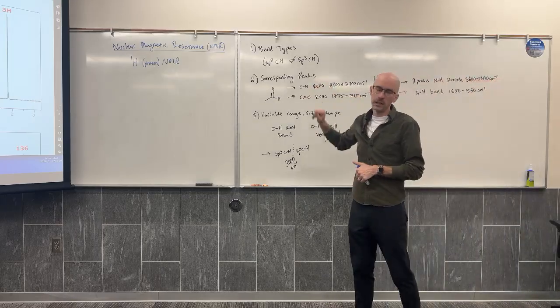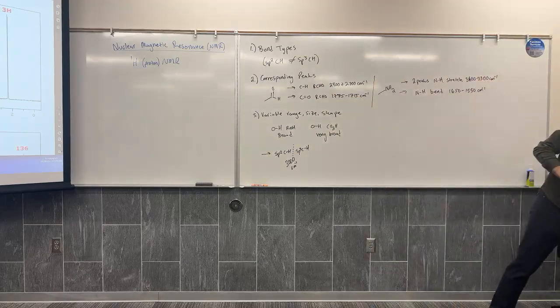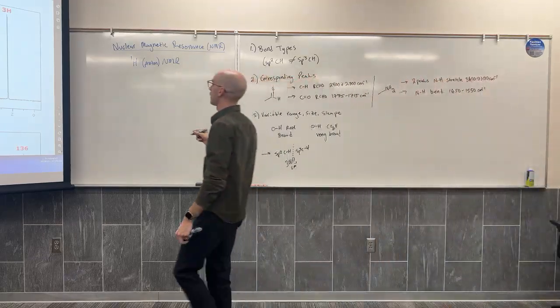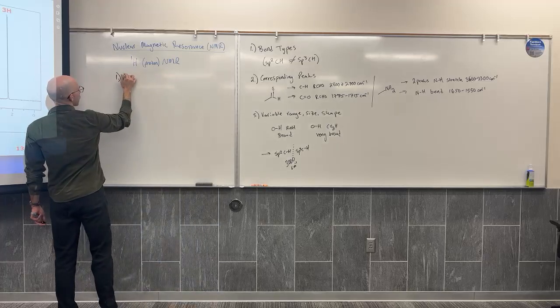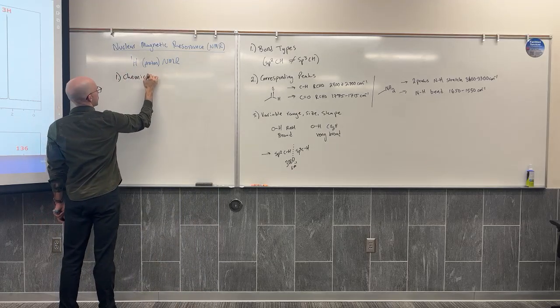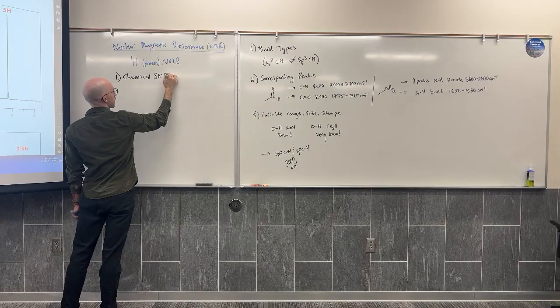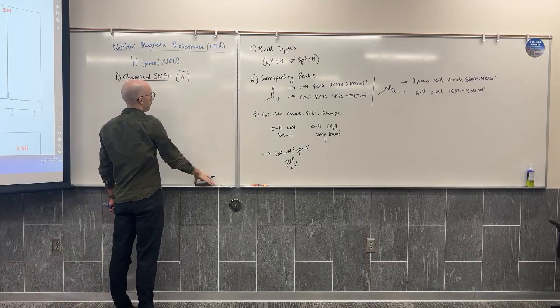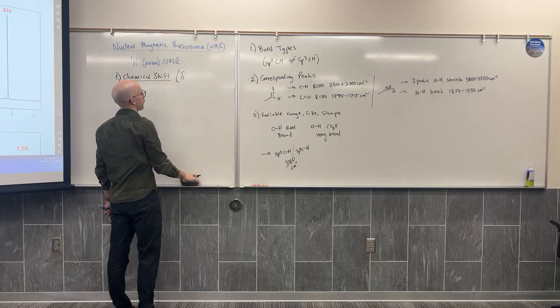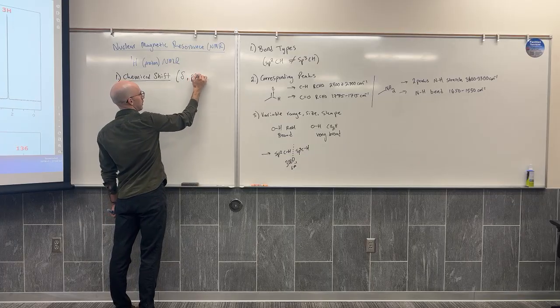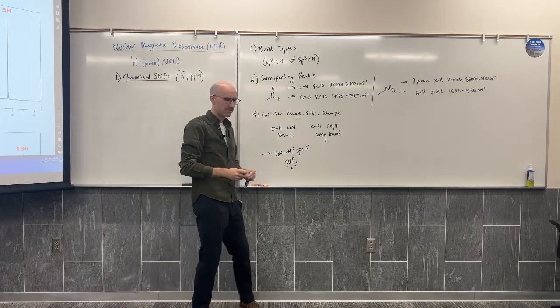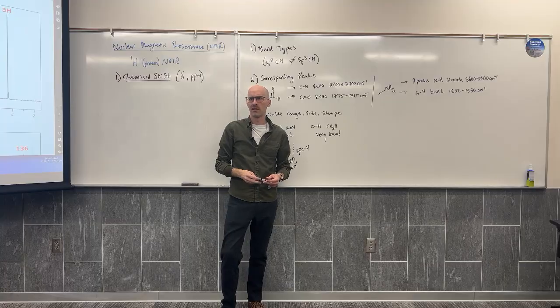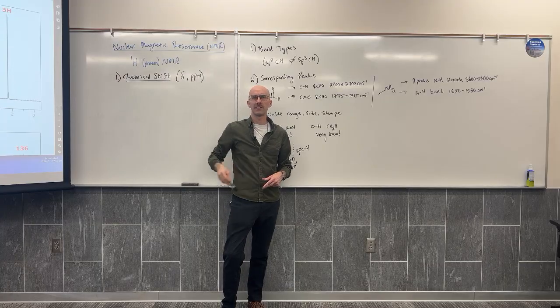Some of the cliff notes about NMR. First, we analyze chemical shift. This is one of the most useful pieces of information that we get out of NMR. The unit for chemical shift is delta. Oh no, I think so much of yesterday I was calling delta sigma.